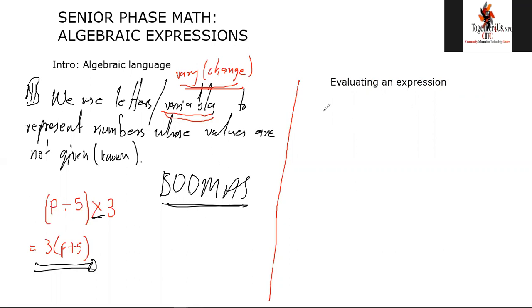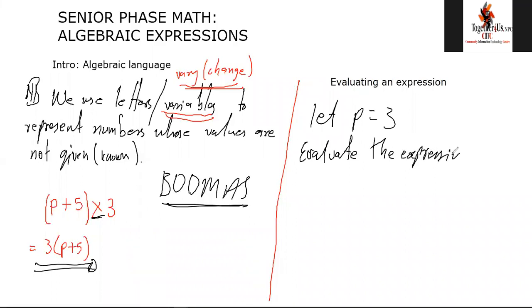So let P equal, let's say 3, okay? Now, evaluate the expression 3 open bracket p plus 5, close bracket. Now, instead of saying that long thing, I'm going to teach you something again.